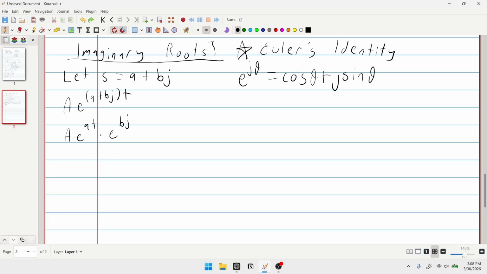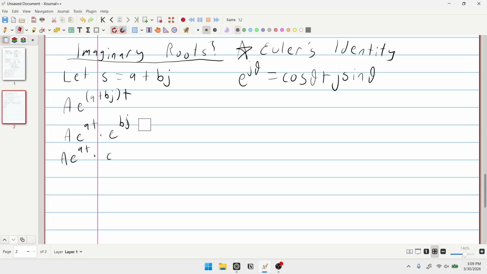There's a bunch of complex math behind this, and we don't need to know how it works, but we just need to see that when we have a complex component inside the e exponential, we actually can find sinusoids, right? And so if you change that in, we get e to the at times, or sorry, I forgot the t here.